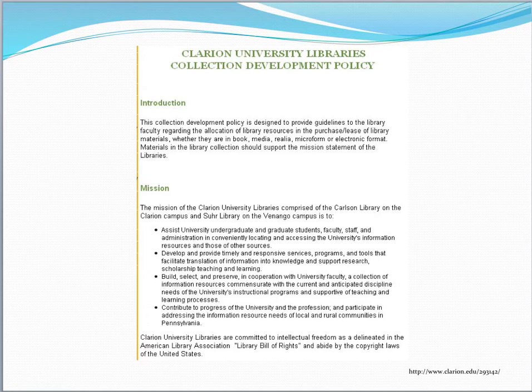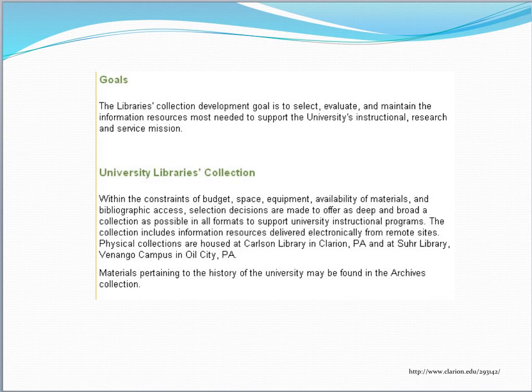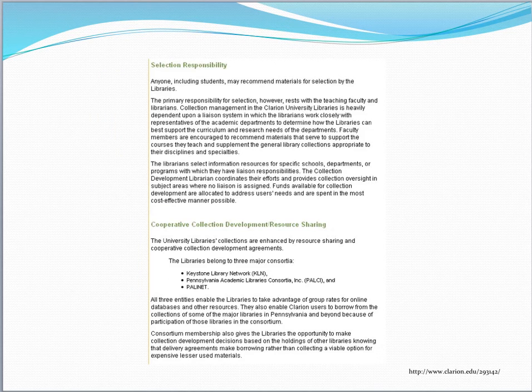So we have the introduction, we have a mission, we have the goals or objectives of the library, we have the library's collections, we have the selection responsibility, who is going to select what. We have cooperative collection development and resource sharing. That means cooperation and collaboration with other libraries.